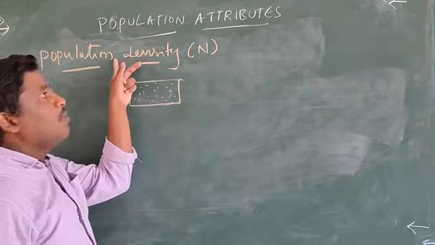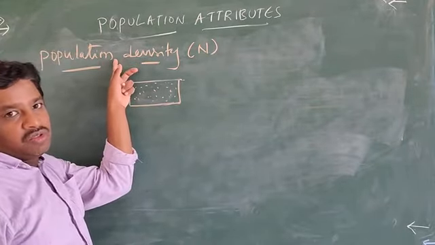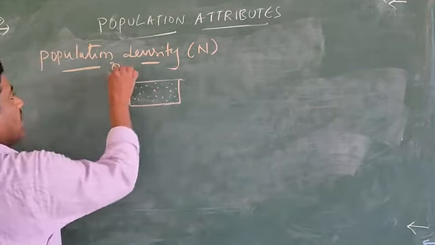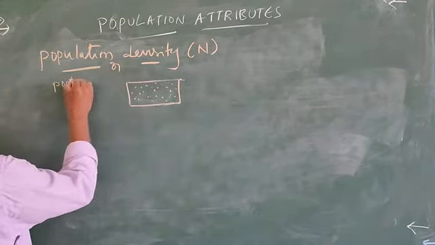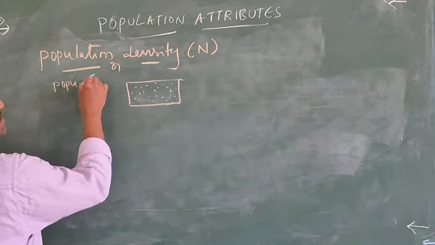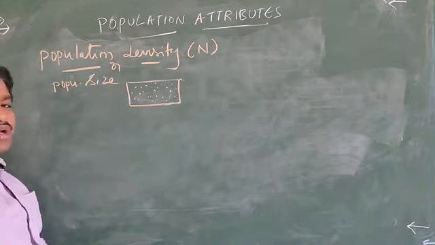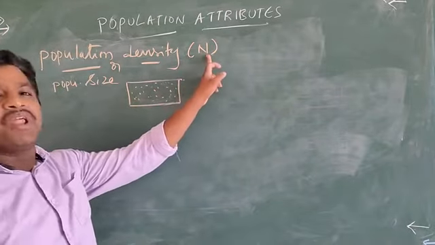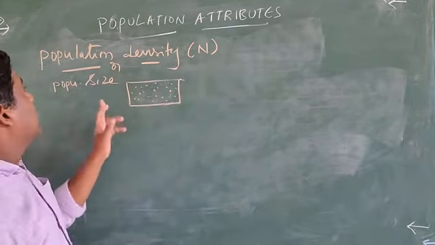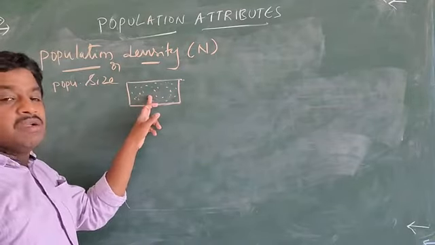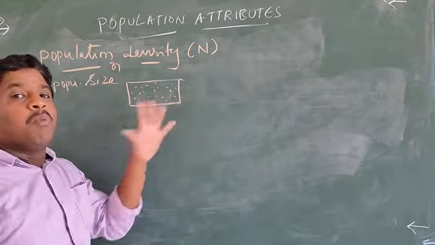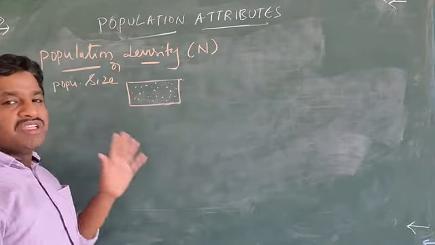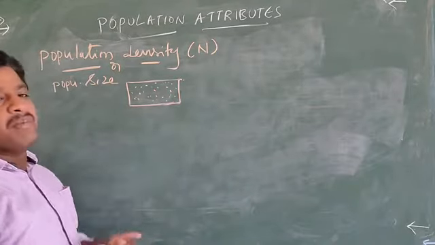Population density is another name for population size, indicated by capital N. It measures the total number of individuals of the species.